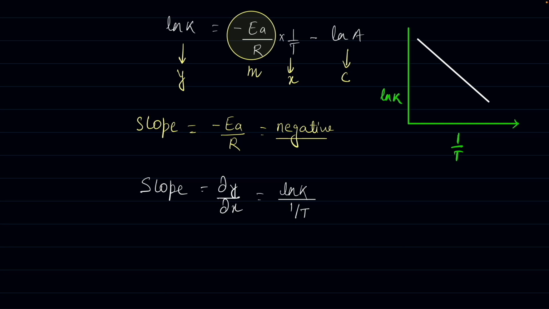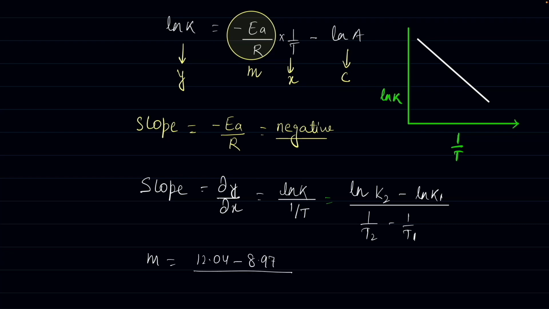So we substitute the value of ln k by 1/T. So this is equal to the change in the slope. So ln k2 minus ln k1 divided by 1/T2 minus 1/T1. So slope is equal to 12.04 minus 8.97 divided by 0.0034 minus 0.0036.